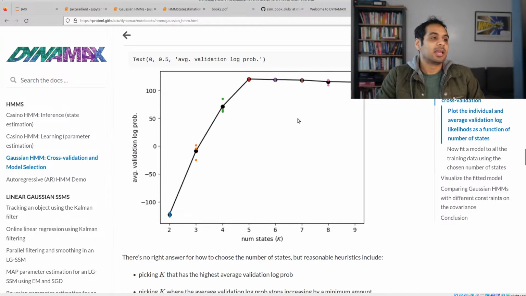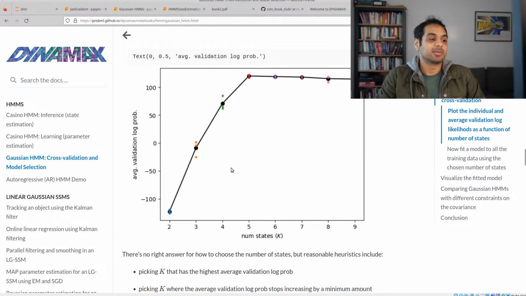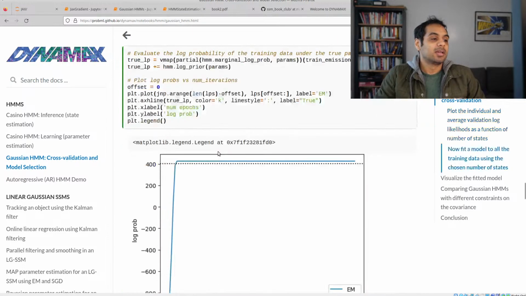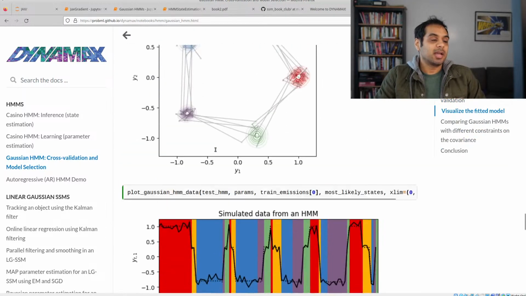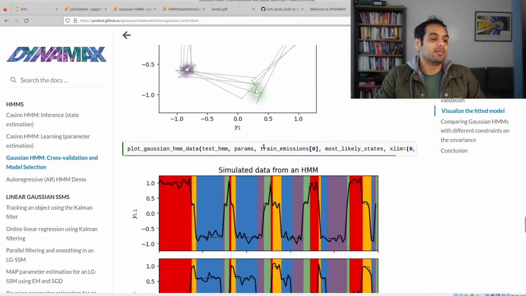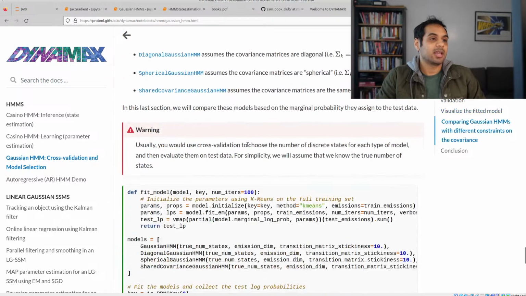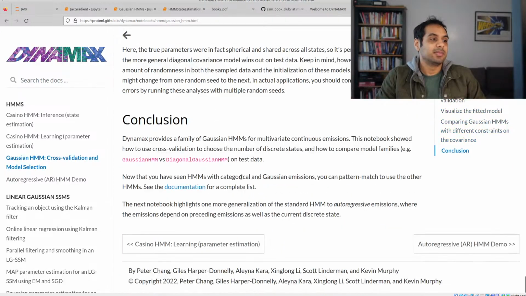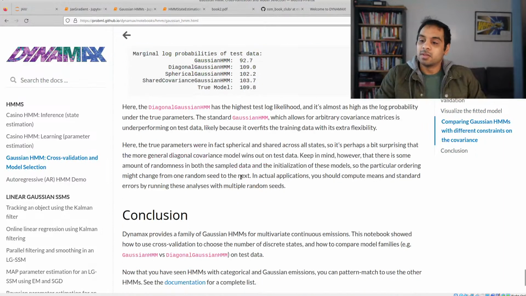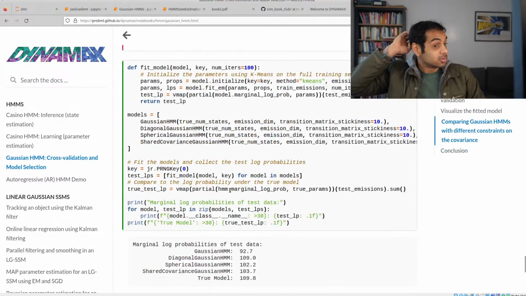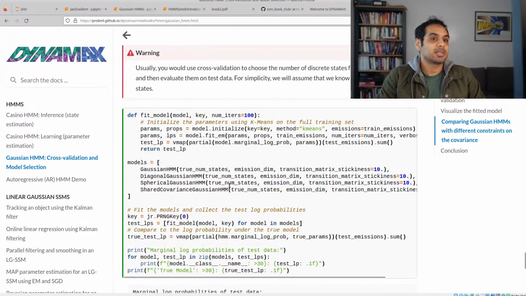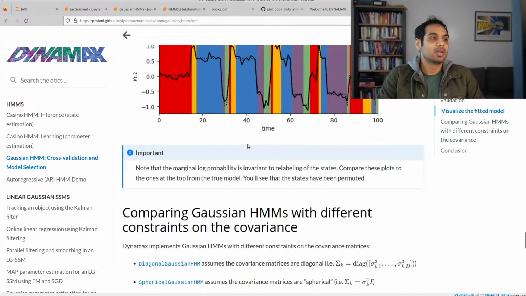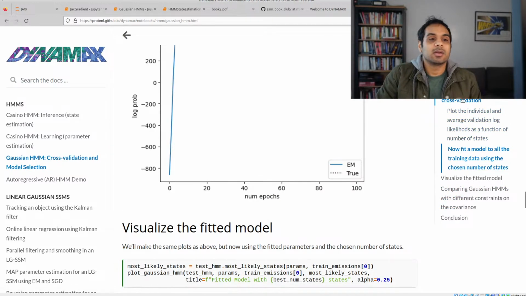In our Gaussian curve, it looks like it's 5, which is great because that's exactly what it was produced by. So that's the rest of this notebook. Then it goes through a whole bunch of visualizations of fitting and comparisons. So this is one example of Gaussian HMMs.